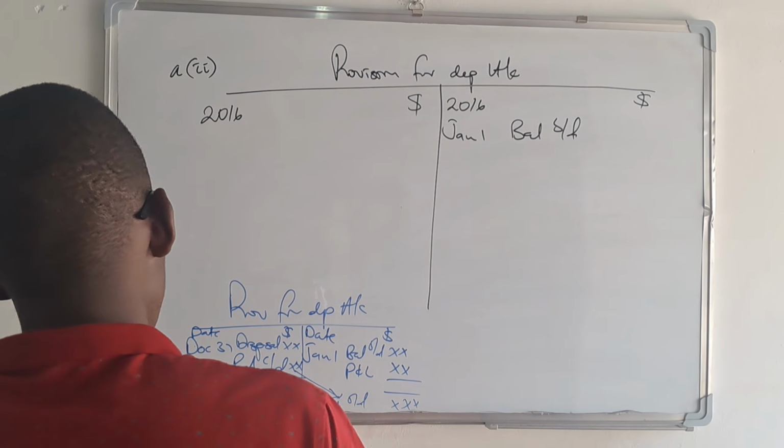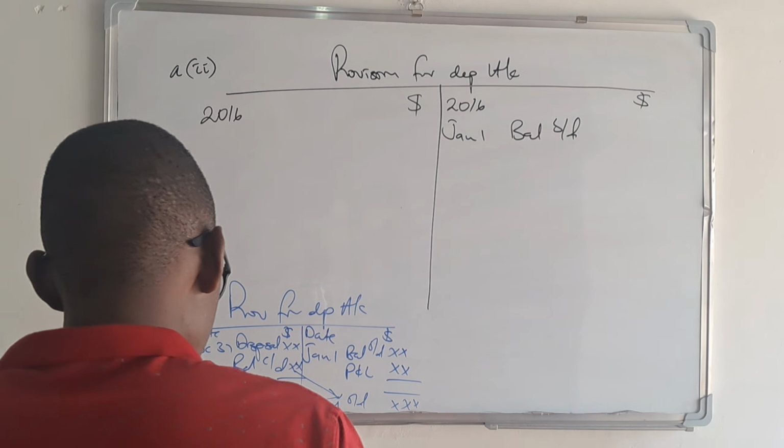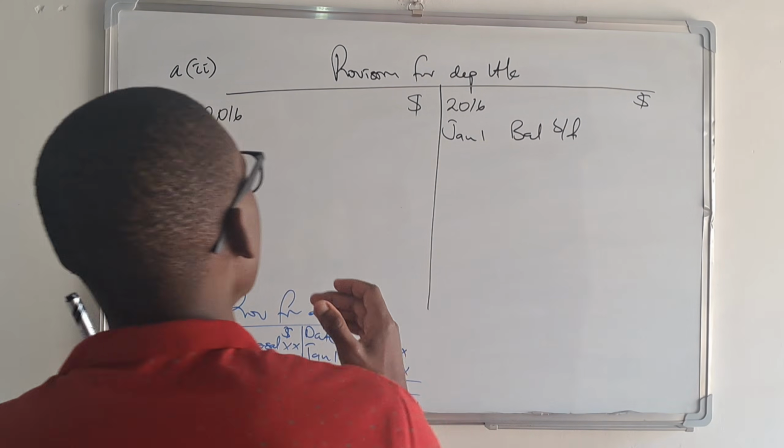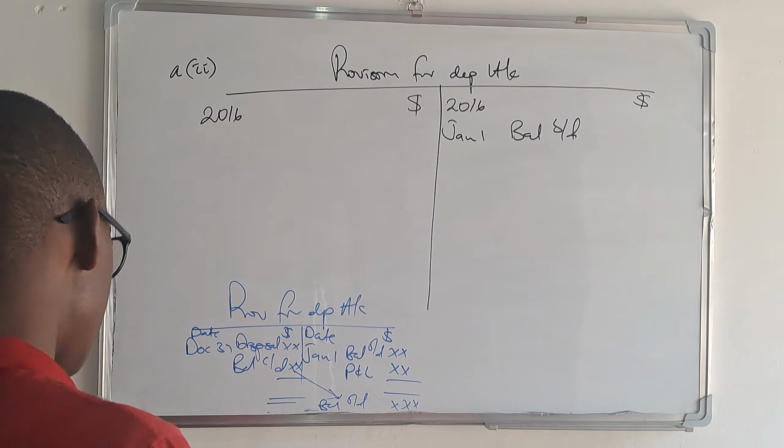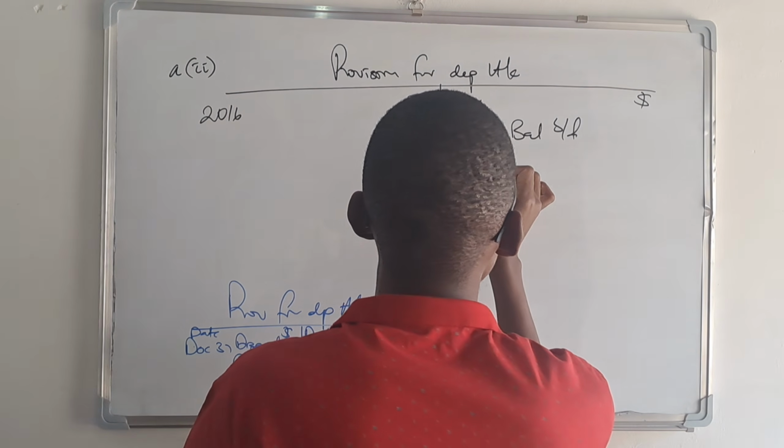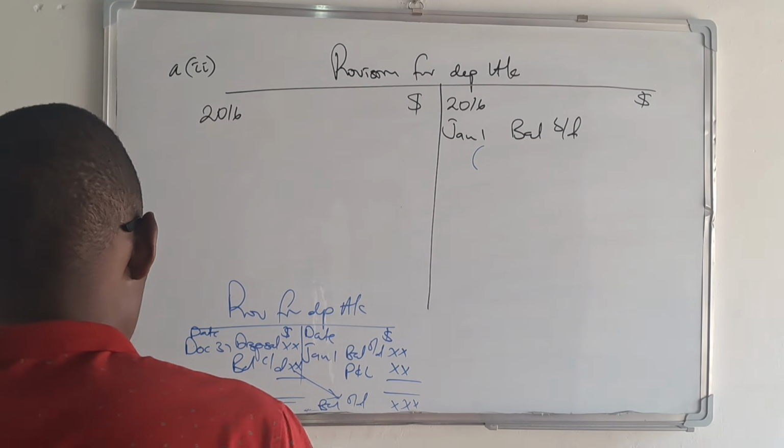But in this case, you are going to come to your question and take the balances of 2014 and 2015 from the motor vehicles. I'm going to open brackets so that you know where I'm taking the balances.